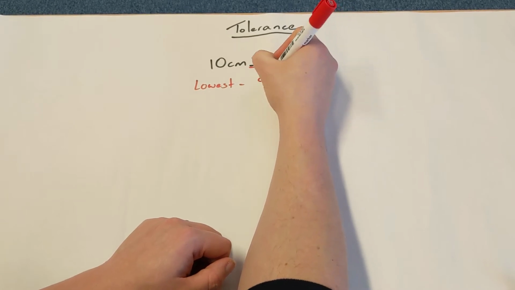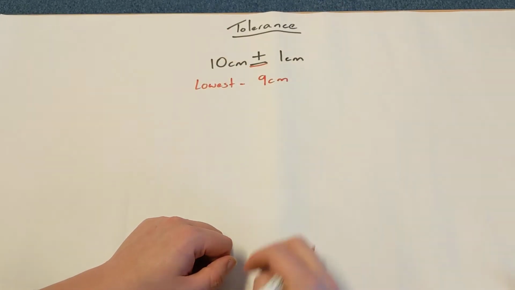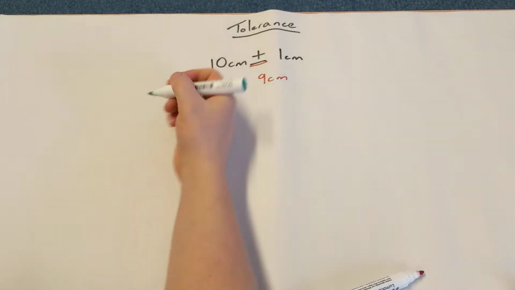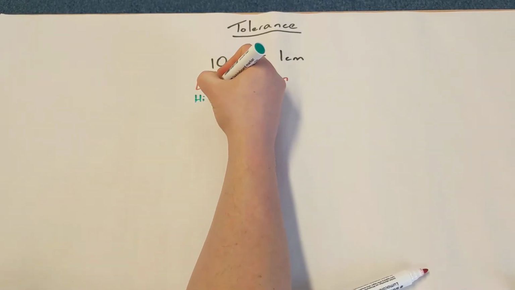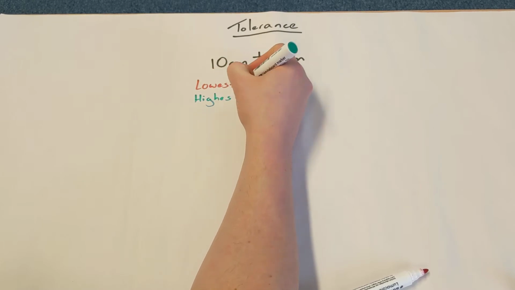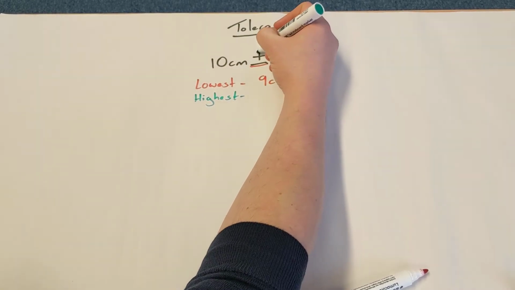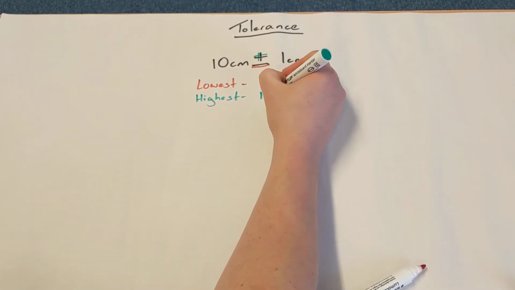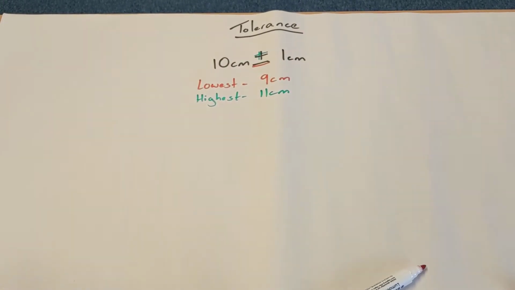So your lowest value there would be 9 centimeters. Now, if you were asked for the highest, well, your highest possible value, that's going to be your 10 centimeters plus your 1 centimeter. So your highest possible value is 11 centimeters. And that's what we mean here by tolerance.